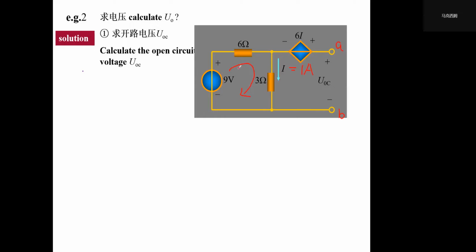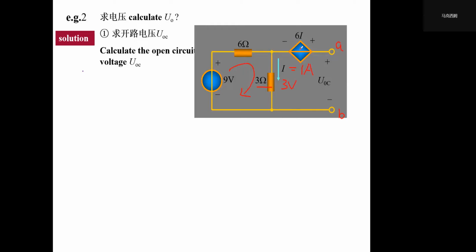In this loop we see that we got a 9 volt voltage source and 9 ohm, 6 plus 3 ohm resistance. So its corresponding current equals 1 ampere, right? So the voltage on the 3 ohm resistor must equal 1 times 3 ohm, which is 3 volts.